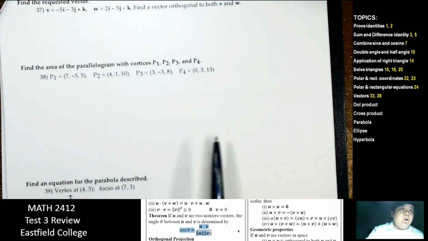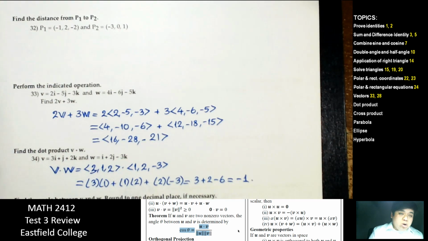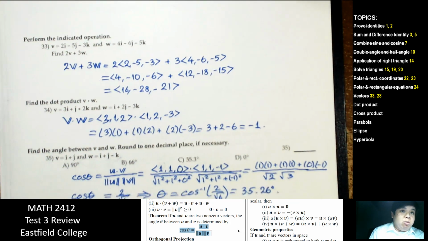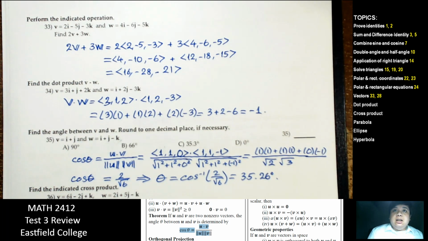Next we'll go to the cross product. Cross product, again we have the formula, those formulas you need to know. So wait, dot product we did 34 and 35.